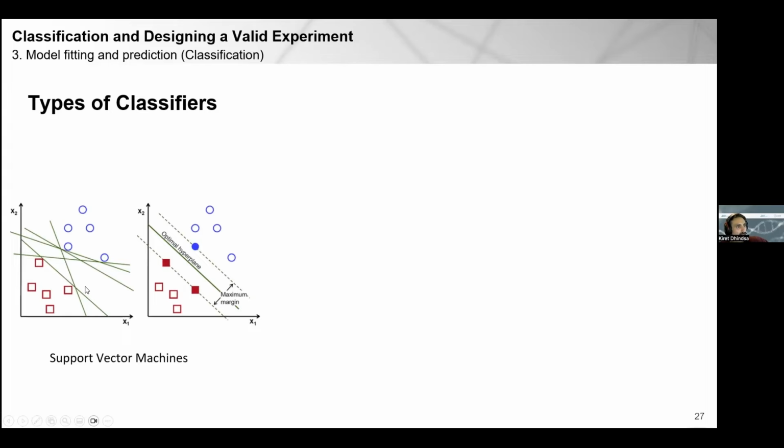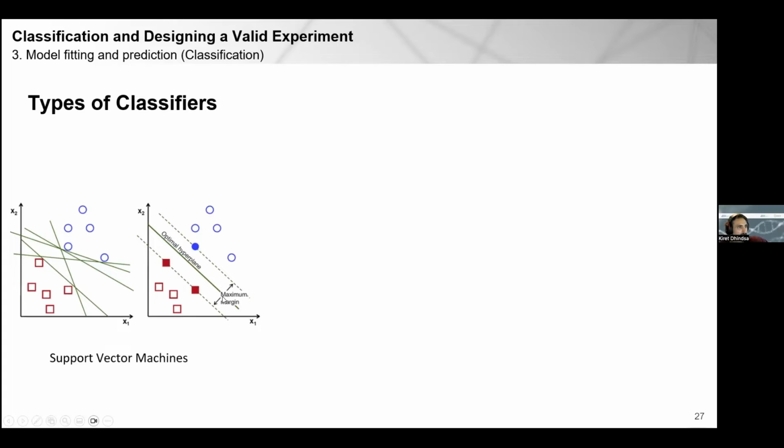And the interesting concept behind what's called a support vector machine, which I would say is one of the more useful and user-friendly classifiers around, is that it chooses the decision boundary that maximizes the distance between the closest points on both sides of the decision boundary, so in both classes, to the decision boundary itself. And so this is called the maximum margin principle.